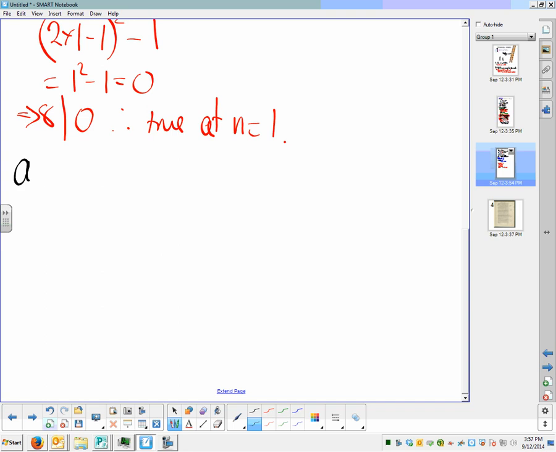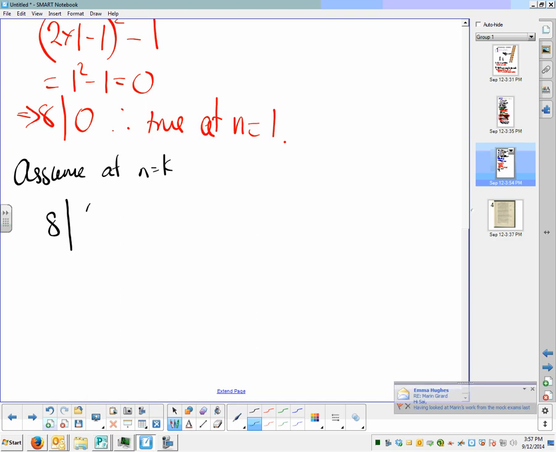So then we assume for n equals k that 8 goes into 2k minus 1 squared minus 1.